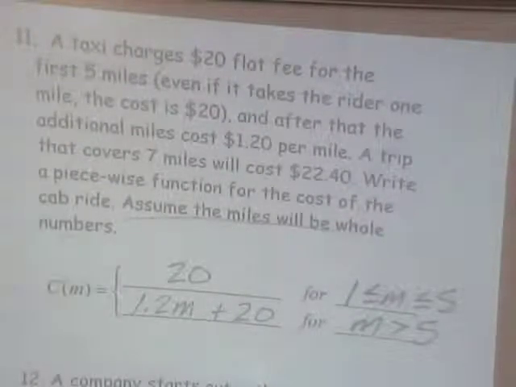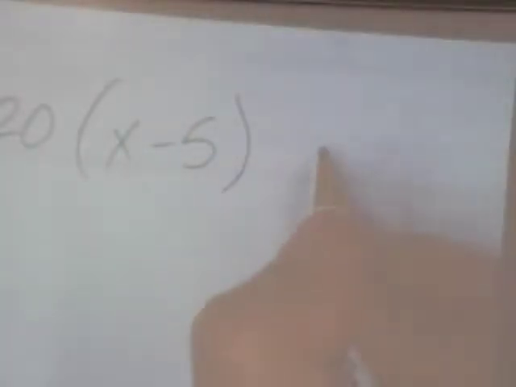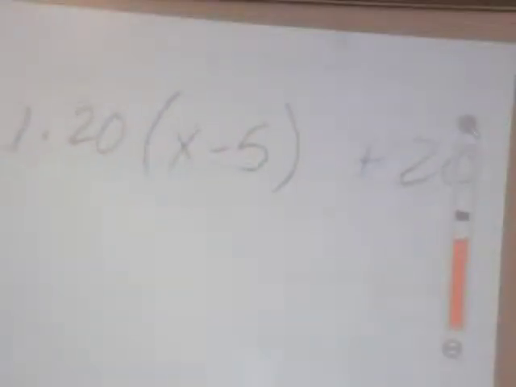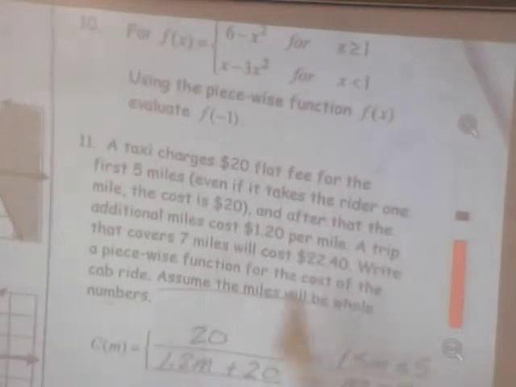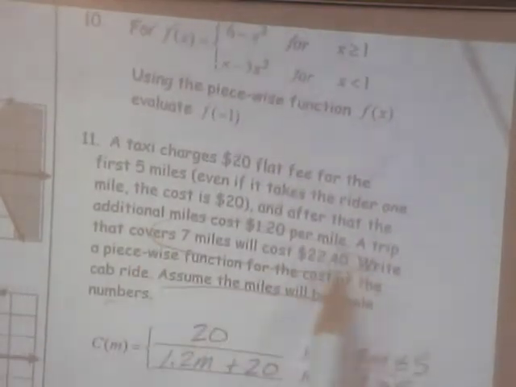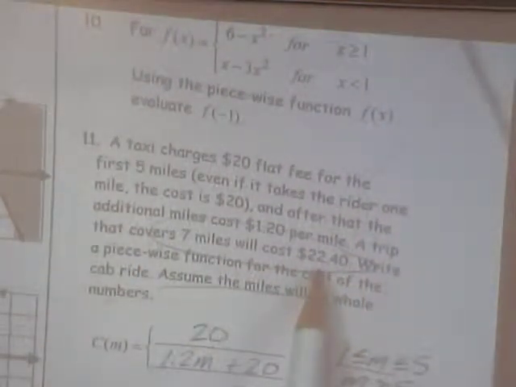So this is what he got: 1.2 times (x minus 5), plus 20. Like that? Yeah. Okay, so let's plug in the test value they give us. They said 7 miles is equal to $22.40, right?